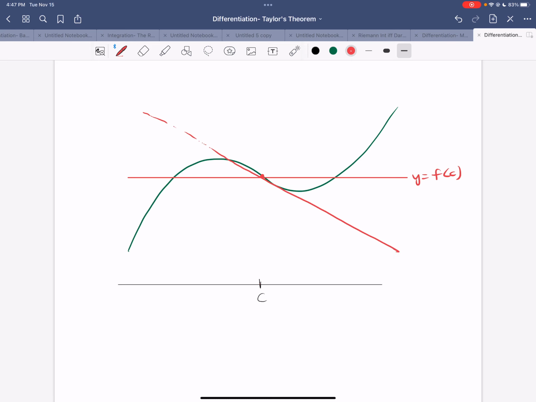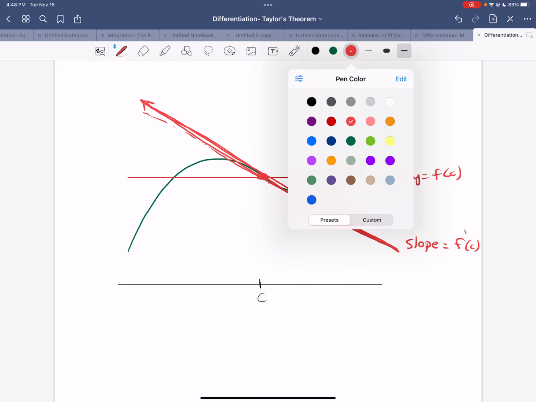Something is wrong with my Apple Pencil. I'm going to use a tangent line. And how do I come up with the equation of the tangent line? Well, I need a line, and I need the slope of the line to be the first derivative, right? So the slope needs to equal f prime of c. Now, if I can use a parabola, maybe I'll switch to a different color.